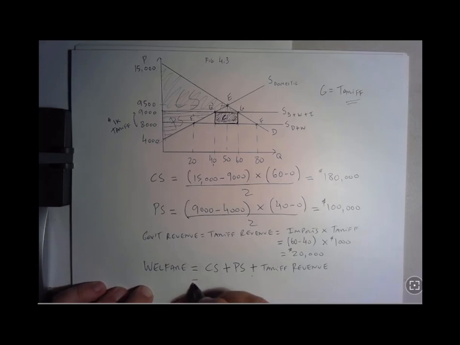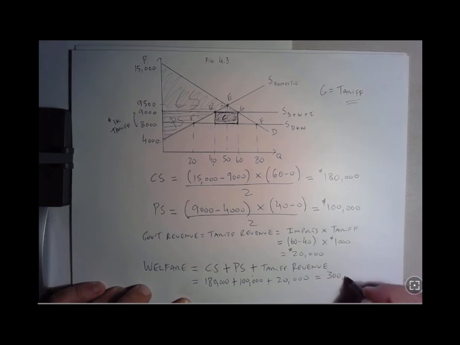So the welfare of this nation, taking into account the benefits of the consumer, the producer, and the government, equates to 180,000 plus 100,000 plus 20,000, a grand total of 300,000.